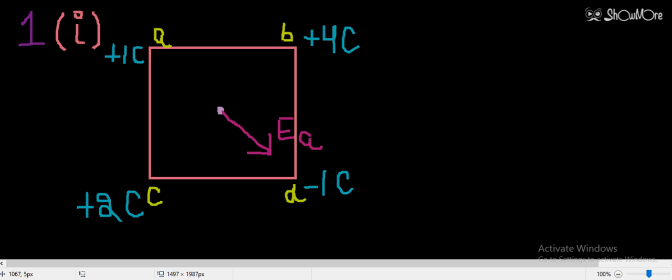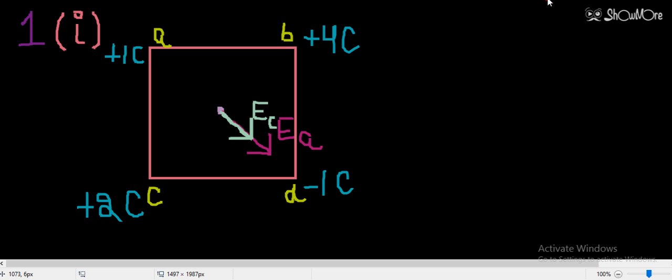Then due to this negative charge, minus 1 coulomb, if I place a positive test charge here, then this will be the direction of electric field due to the negative charge. I will write it as EC. Now two vectors EC and EA are in the same direction.